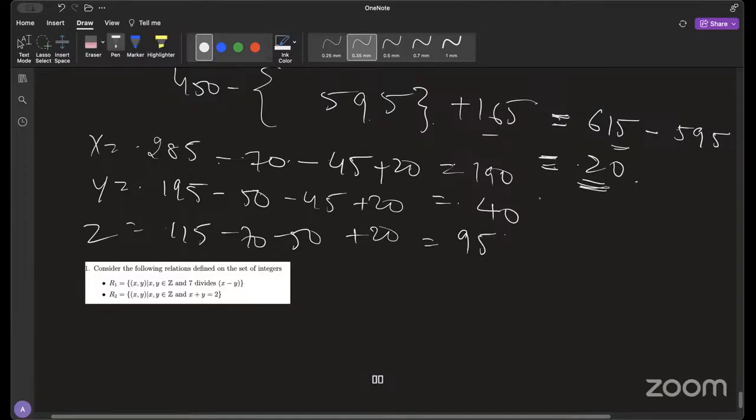So that's 330. The sum should be then 320. 325. Yes, that should be the answer then.